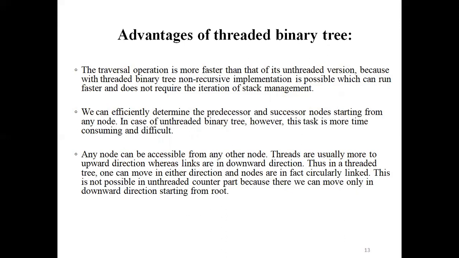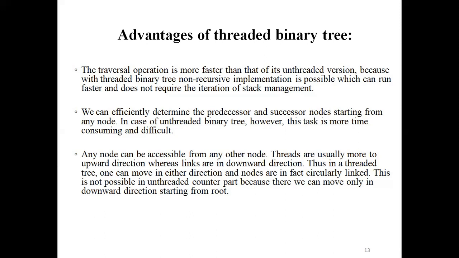So here, because of these threads, we have the option to traverse in the reverse direction also. Because of that option, we don't need recursive function calls, and that's why the stack overhead is avoided. We can efficiently determine the predecessor and successor of a node starting from any node.